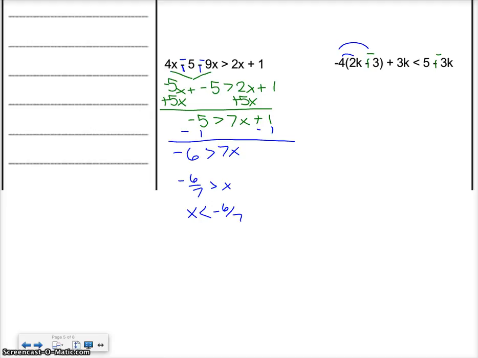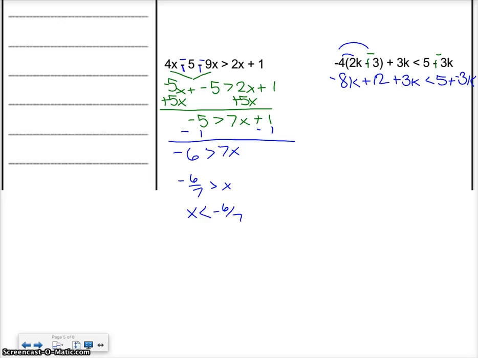So now it's going to be negative 8k plus 12, right? Because negative 4 times negative 3 is a positive 12. Plus 3k is smaller than 5 plus a negative 3k. It still looks really messy, but you just slowly work through the steps.